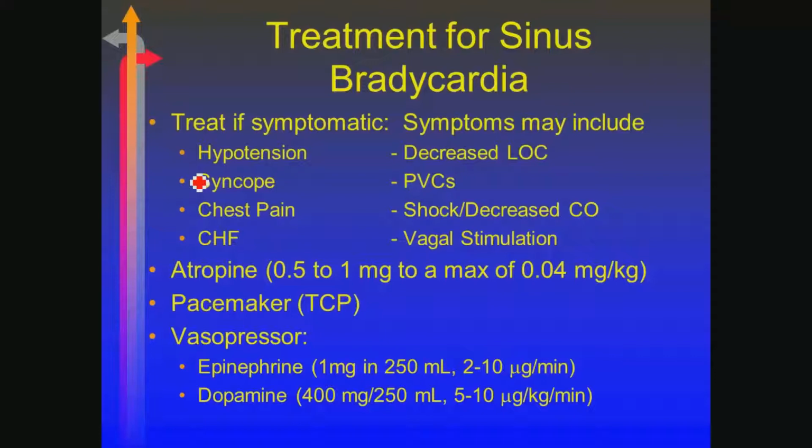Typically what ends up happening with vagal stimulation is once you stop the stimulation, it'll come back up. But if it stays there, especially if you're starting to see things like the patient having a change in level of consciousness, something that's symptomatic in nature, complaining of chest pain.